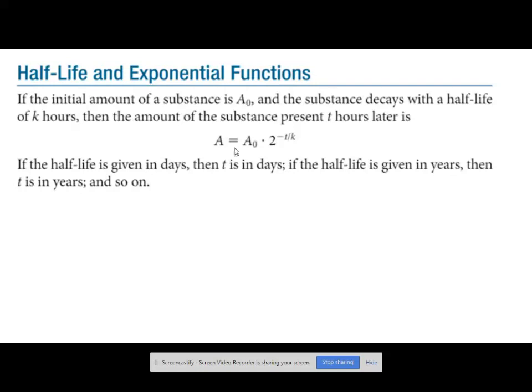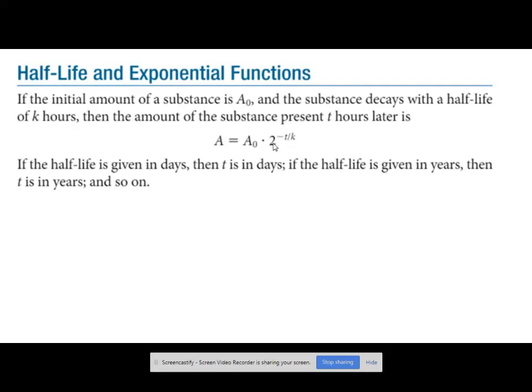And here's the equation, or the formula for this. It says that if we take the initial amount of the substance, so A sub 0 is how much you're starting with, say 200 milligrams of ibuprofen, times 2 to the power of negative T over K. Now, this negative power, and I'll reference this in a different unit, is the same as changing this 2 to a half.